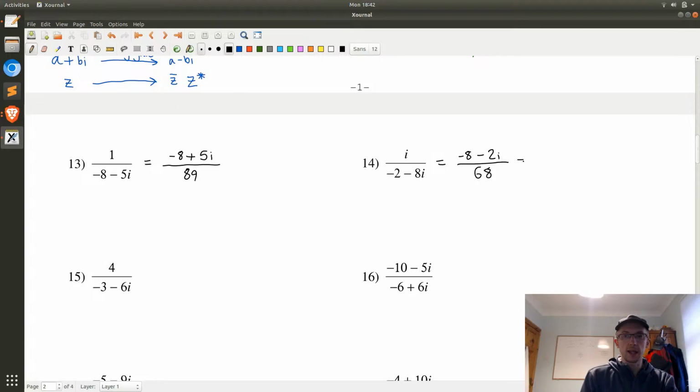So it should be negative 4. Negative 4 over 34, so that's negative 2 over 17. And this should be negative 1 over 34 times i. Great.